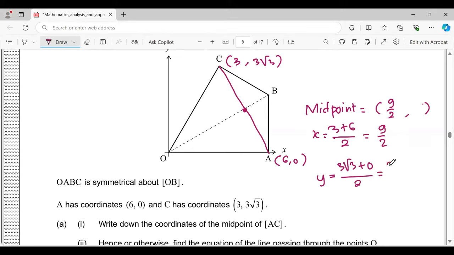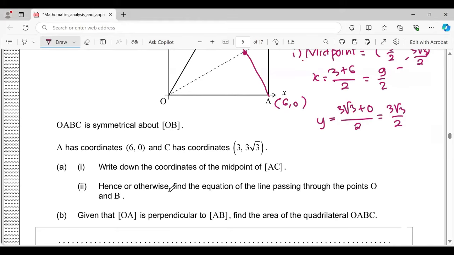So it is 3√3/2. So this is the midpoint.